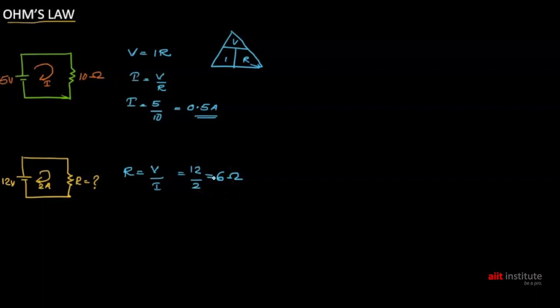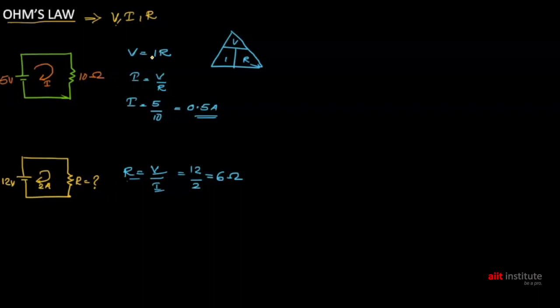So we can calculate any among voltage, current and resistance by using Ohm's law. Basically, Ohm's law is the relationship between voltage, current and resistance. If you know any two of these quantities, you can find the third one.